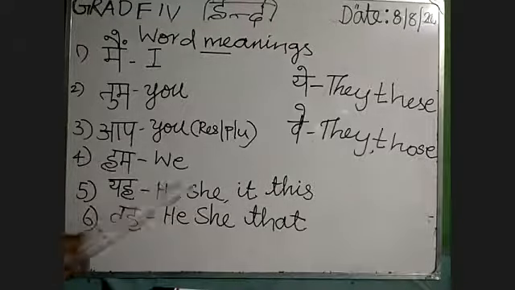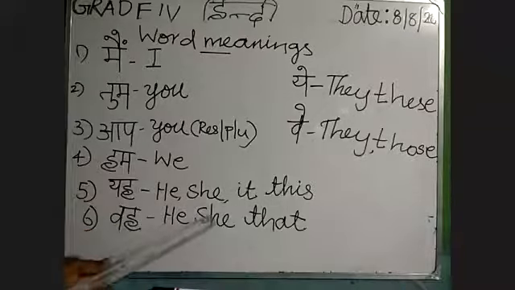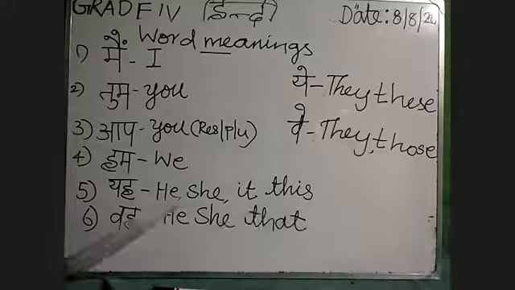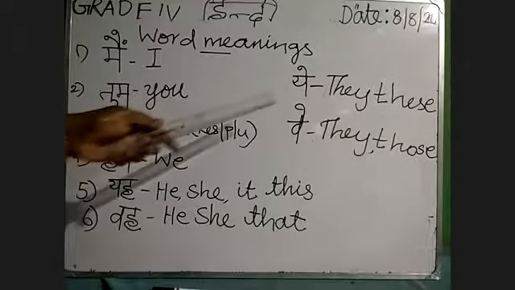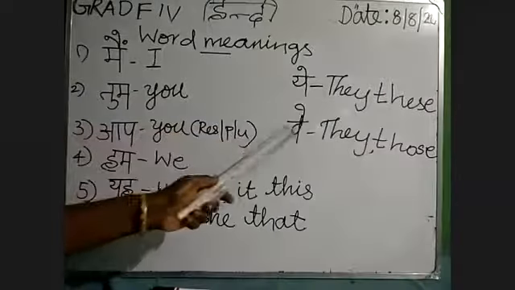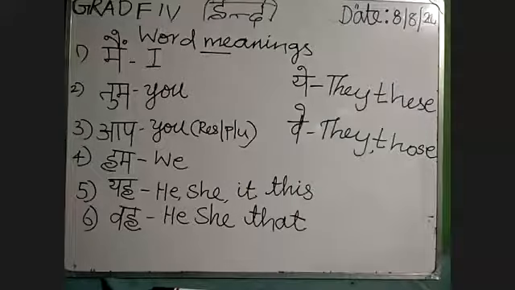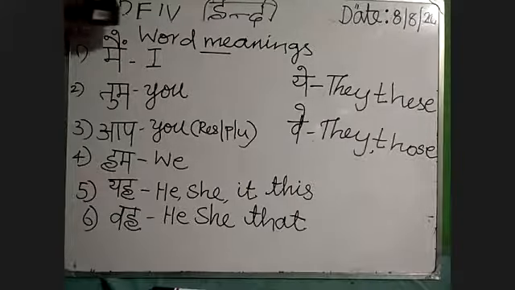In Tamil, ivan, ival, idu, inda. Vah means avan, aval, adu, anda. Next, ye, they, these. Ivargal, இவைகள். They, those. Avargal, அவைகள். I think this is clear.